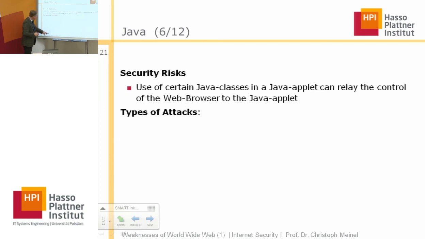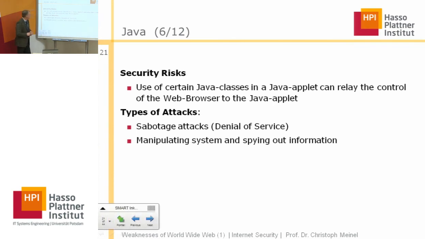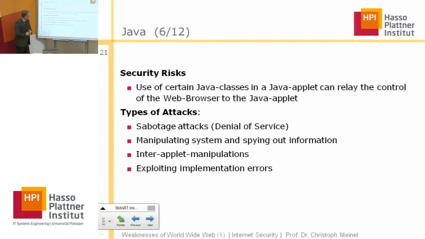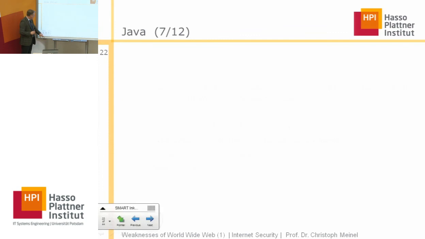There are different types of attacks: denial of service attacks, sabotage attacks, manipulating the system and spying out information. There is also a type of attack by so-called inter-applet manipulation. It is also possible to exploit implementation errors in the Java virtual machine or in other components.